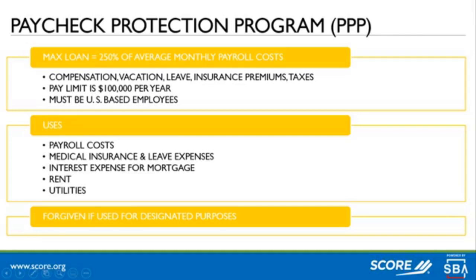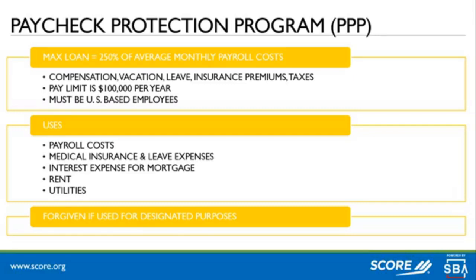You can also apply for this program through PayPal, Square, and Quicken. They're all eligible under the SBA guidelines to process the applications for this program. So it's pretty far reaching as far as both traditional and non-traditional lenders. So that's the big difference with this program, it's administered by financial institutions.